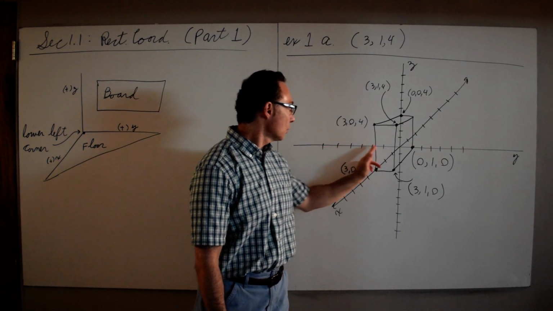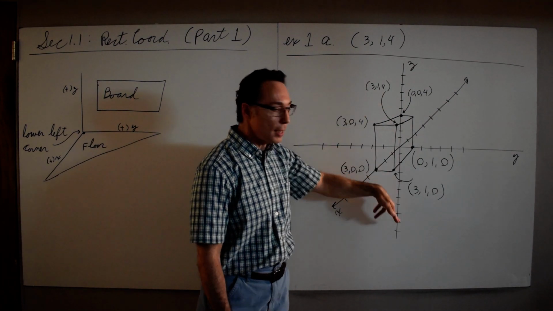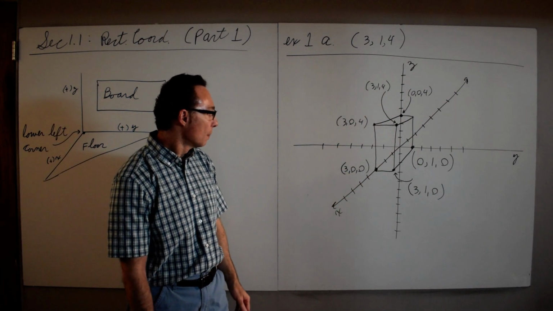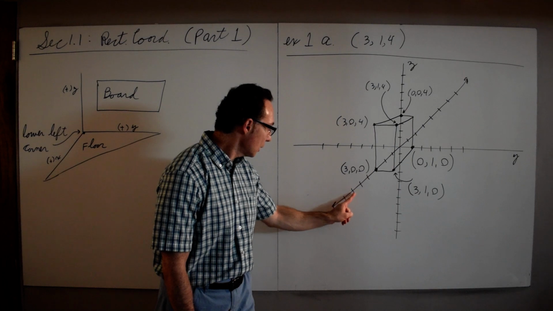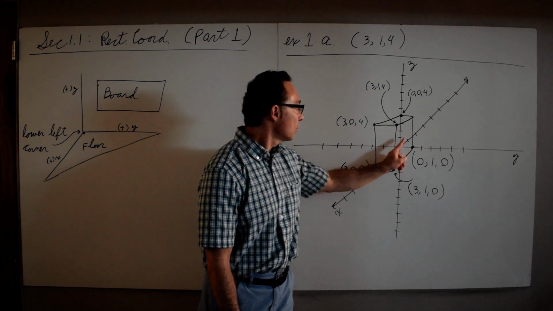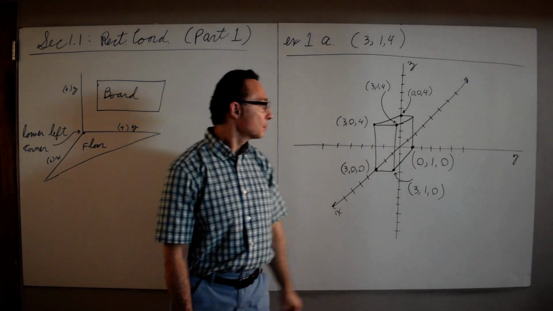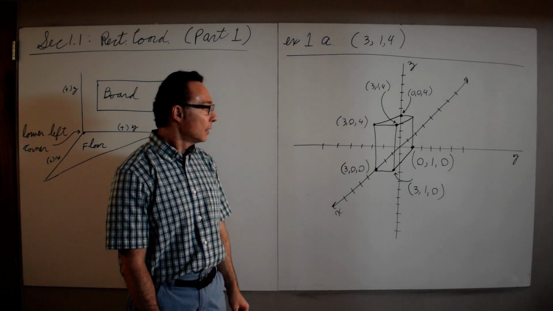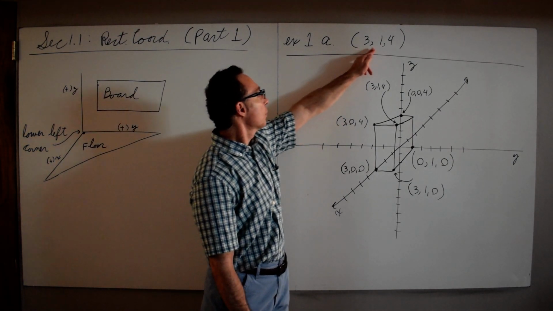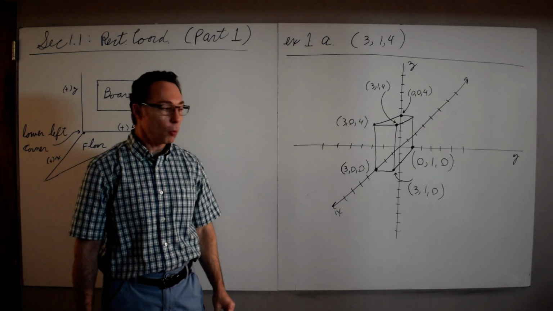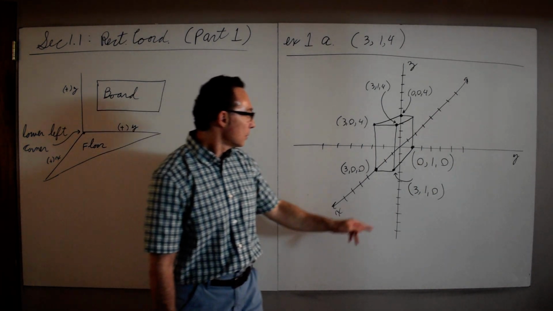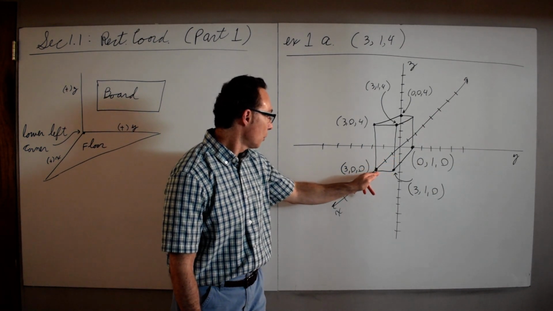Put your hash marks along the y-axis and the z-axis the way you normally would. For the x-axis, make the hash marks perpendicular to the x-axis. And so we want to plot the point (3, 1, 4). So find those points on the axes. 1, 2, 3.